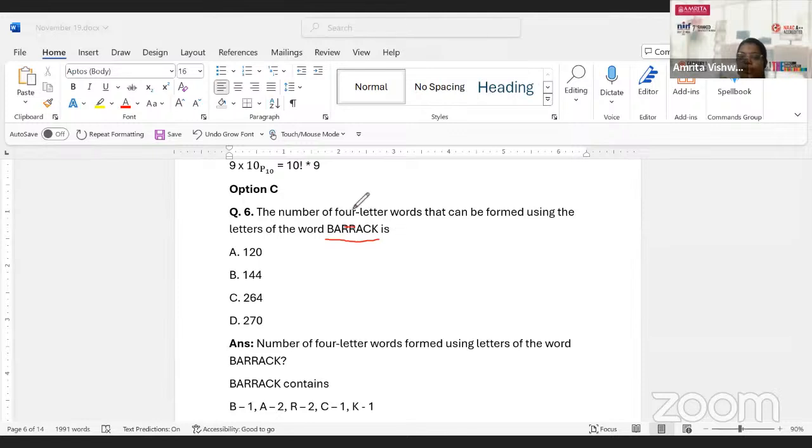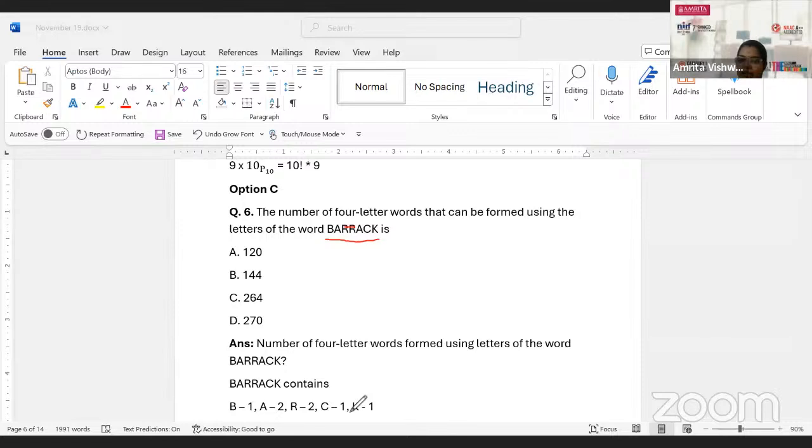So how many 4-letter words will you be able to form with this? You can opt for different conditions. Maybe the 2 letters are R, or maybe the 2 letters are A. That is one case. Maybe 2 letters come from R and the others come from B, C, K. Or the 2 letters come from A and the others come from B, C, K. So you can take different combinations. B, C, K is just 3.